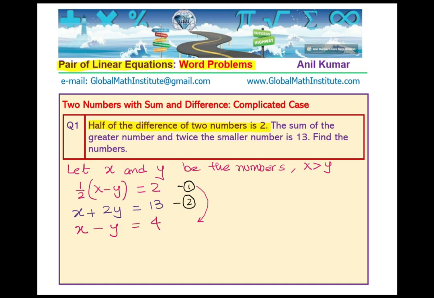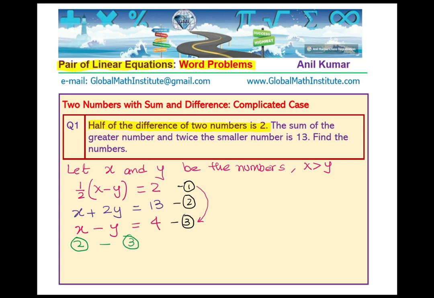So we multiplied equation 1 by 2 on both the sides. So we call this our equation number 3. Now you can see that if I take difference of equation 2 and 3, I can actually eliminate x. So what am I going to do? Well, we'll do equation 2 minus equation 3.